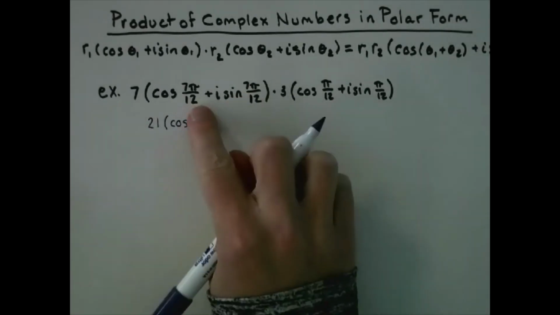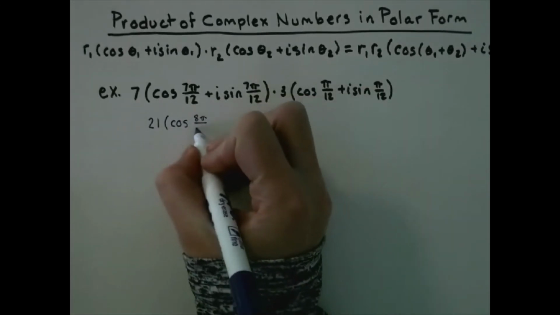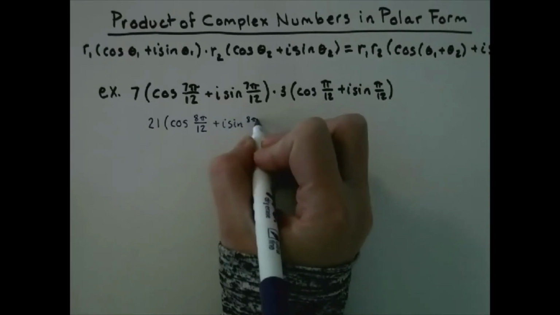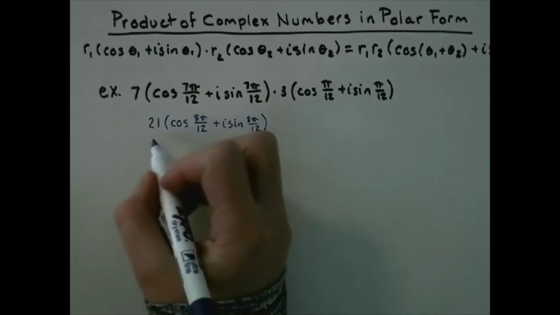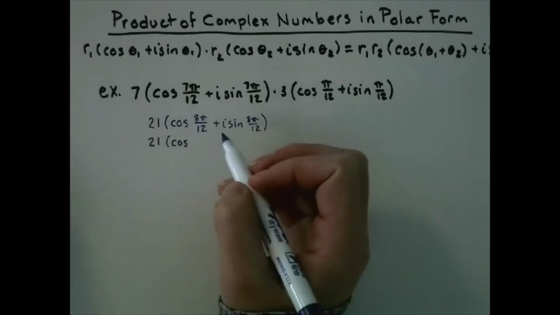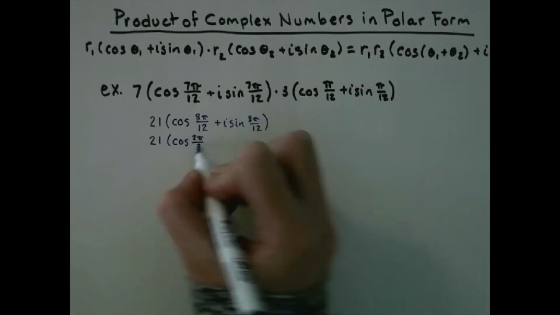And we're going to add the two thetas, so 7 pi over 12 plus pi over 12 is 8 pi over 12. Okay, so in this step, we have multiplied them, but we're going to turn this back into a rectangular number. So we'll first reduce these fractions. 8 pi over 12 is the same as 2 pi over 3.